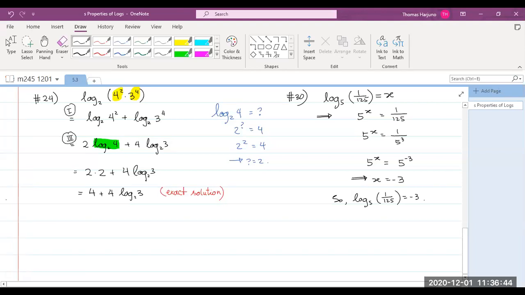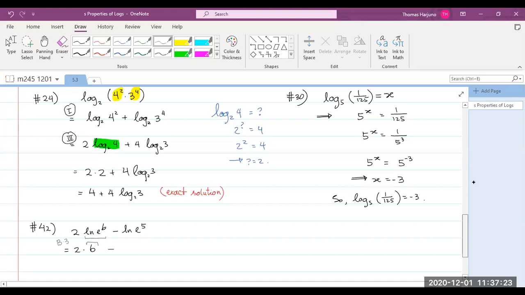Okay. Number 40. Maybe I jump to number 42 right away. Number 42, 2 natural log of e to the 6th minus natural log of e to the 5th. This is 2 times 6. How do you get that 6, Thomas? Basic property. In fact, I can name it. This is basic property number 3.